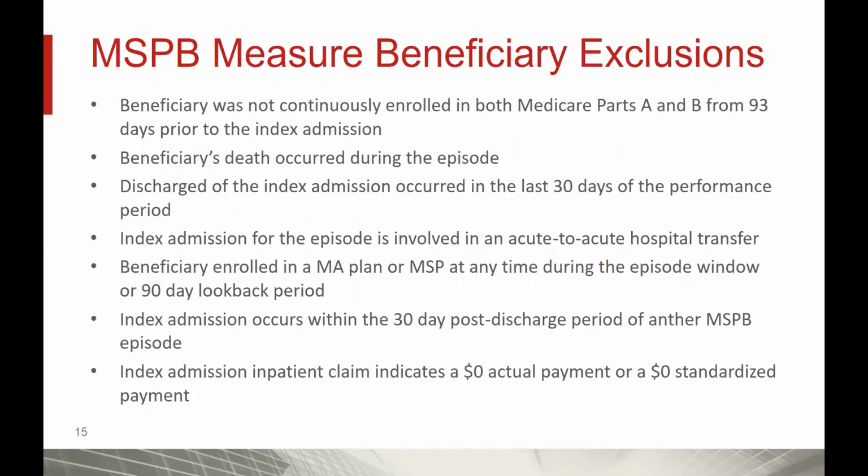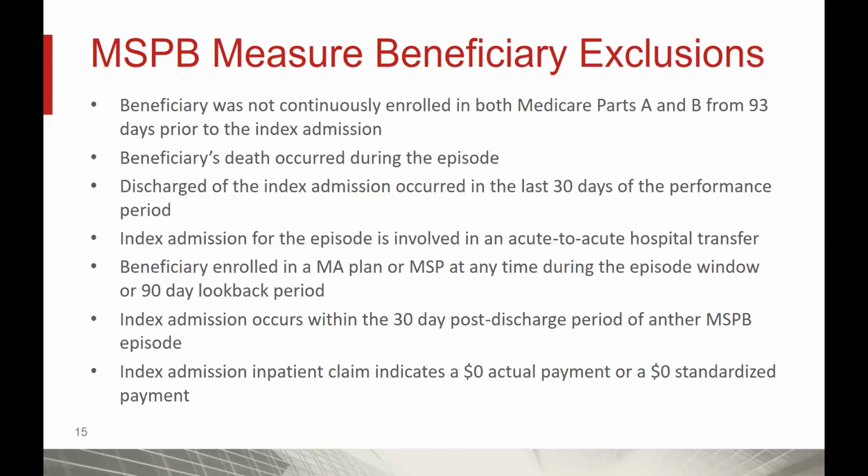This slide contains a lot of detail, and I won't go through every single exclusion, but it's more for you for informational purposes to reference back. This is the comprehensive list of all of the different measure beneficiary exclusions for MSPB. So certain beneficiaries will not be attributed or counted for purposes of measuring MSPB in the cost category.